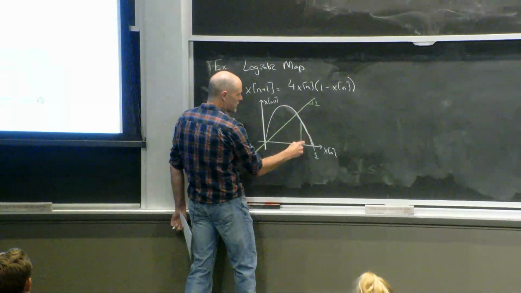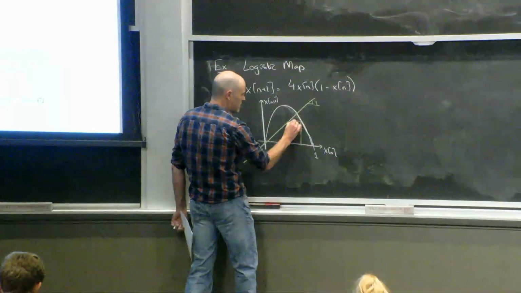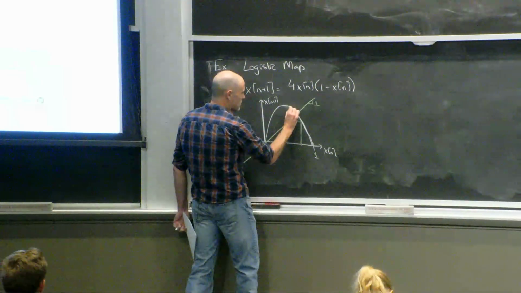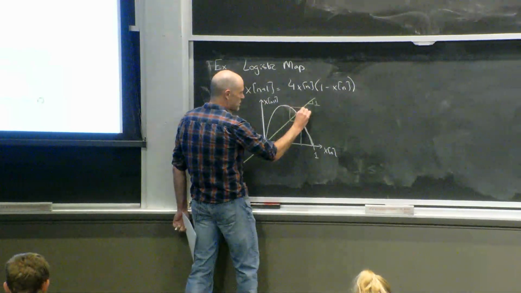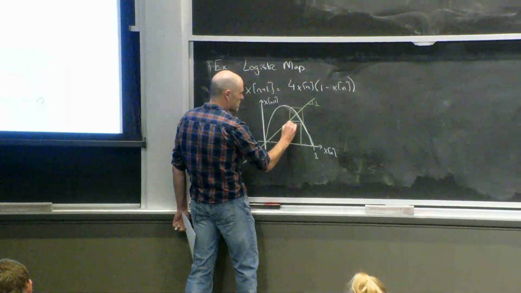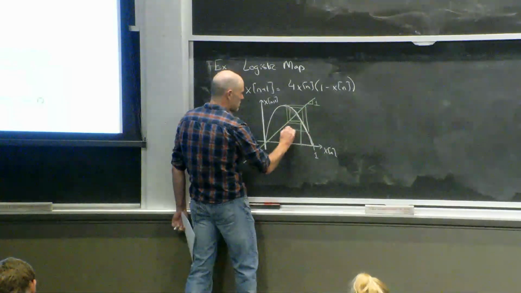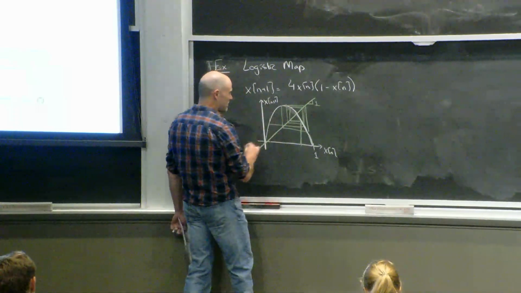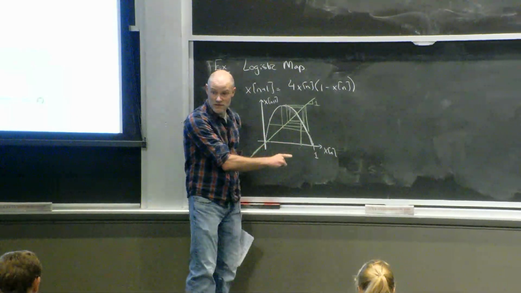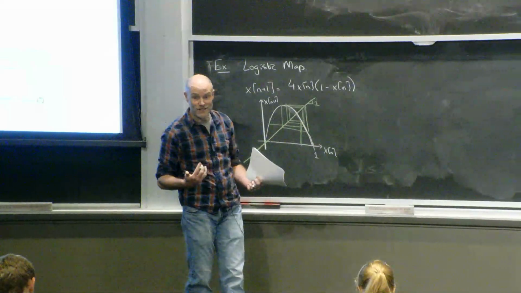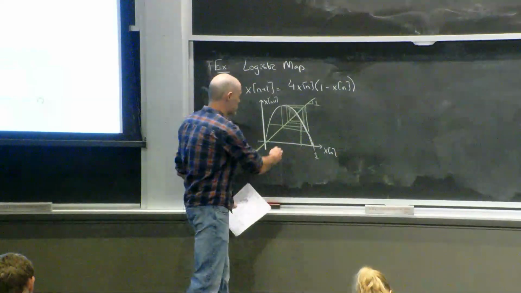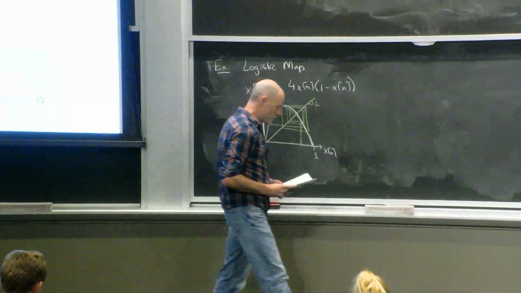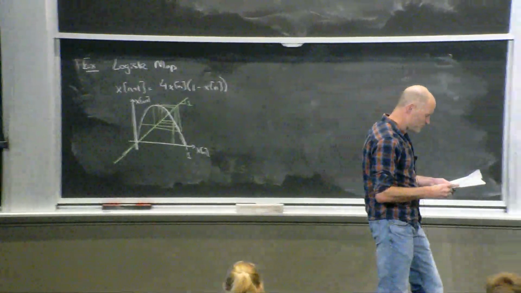If I want to bring that back to x_n and iterate again, it's similar to just projecting it to the line of slope 1, and then going up to the map again, here, here, here, here. You could just start doing crazy things. It'll jump all over the place. This is a chaotic system. Small changes in initial conditions could lead to very different rollouts.